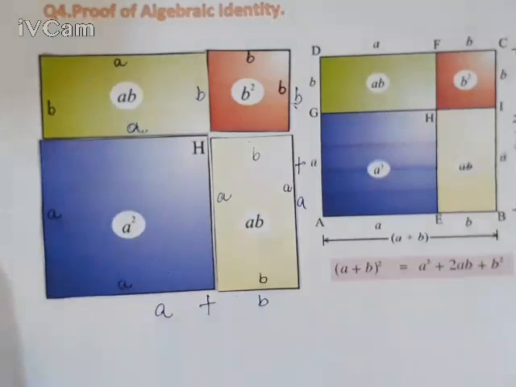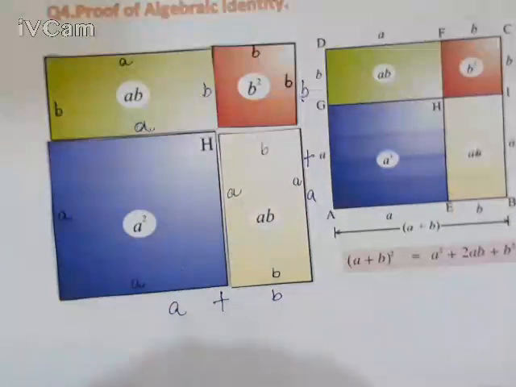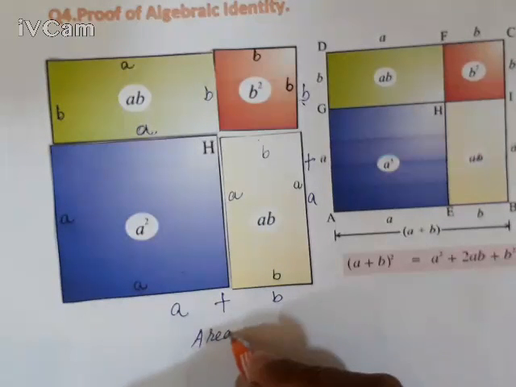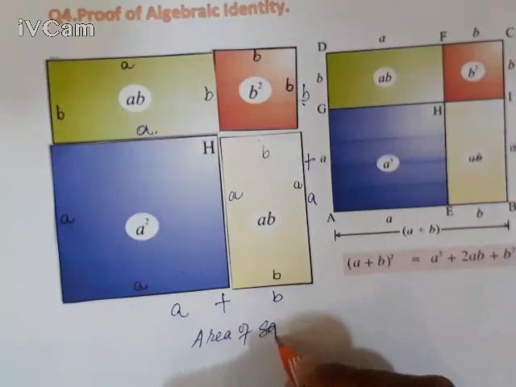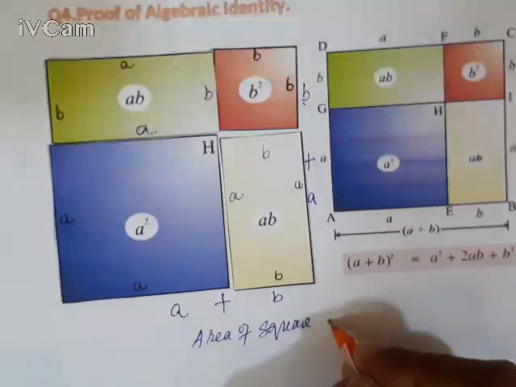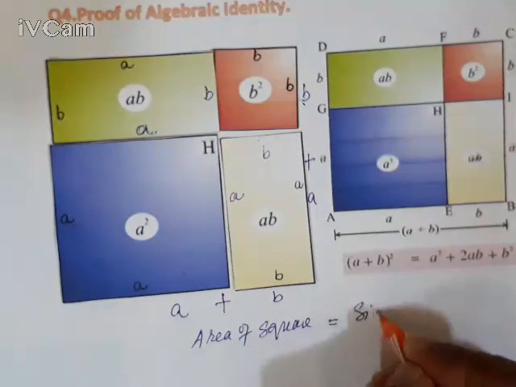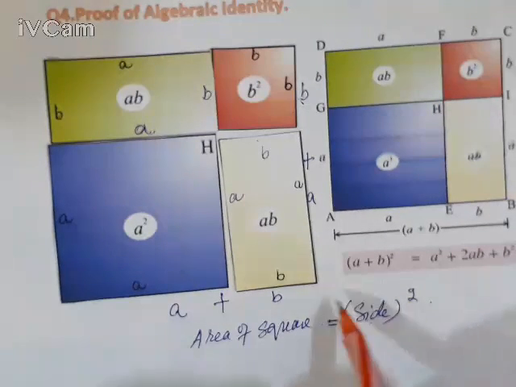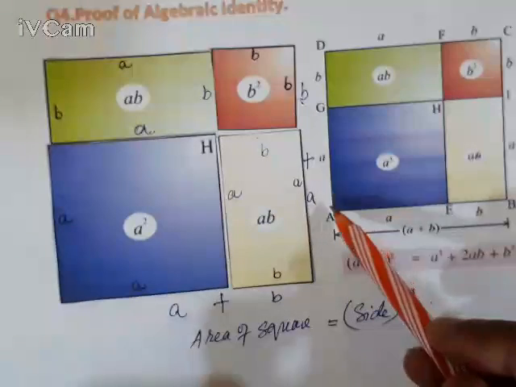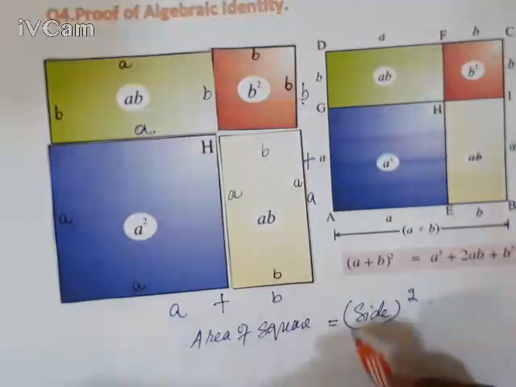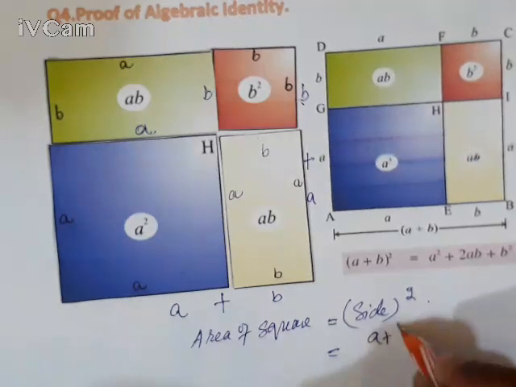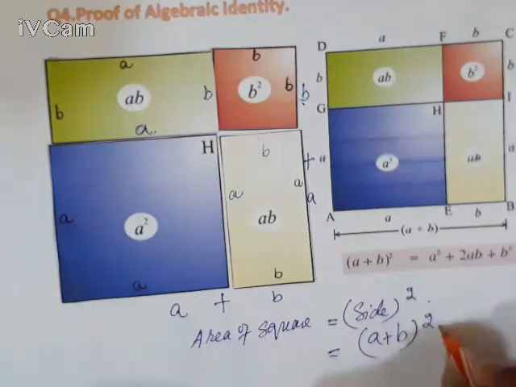Now we know that the area of a square is equal to side whole square. In this case, the side of this square is a plus b, so we will substitute the value, a plus b whole square.